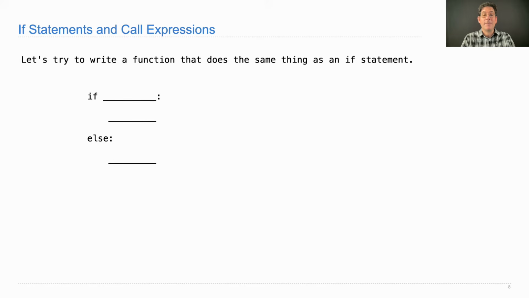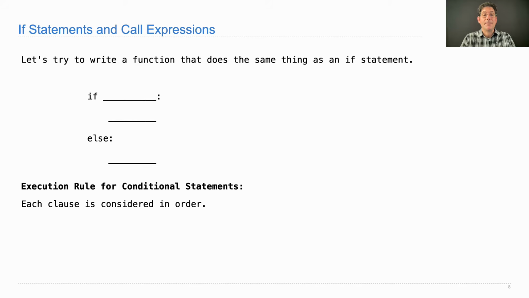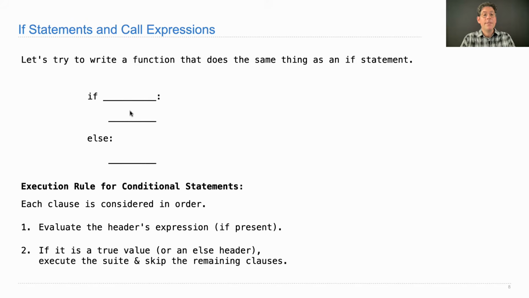Here's a particular format of an if statement, and the execution rule for conditional statements is each clause is considered in order. Then, what we do when we consider a clause is to evaluate the header's expression if it's there, and if it's a true value, or we're an else, then we execute the suite and skip the rest of the clauses.